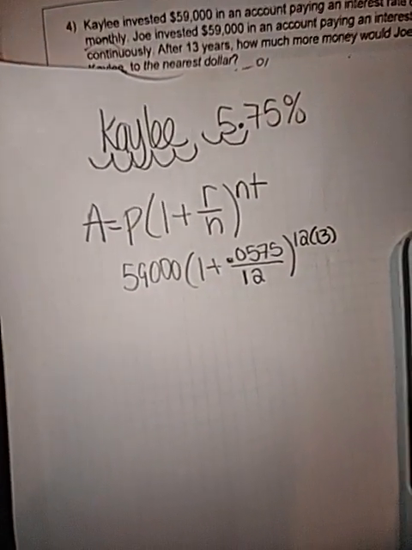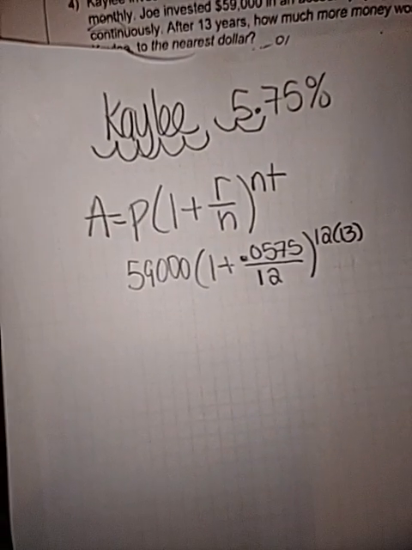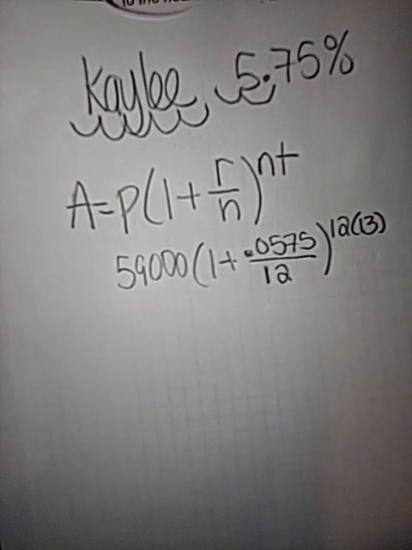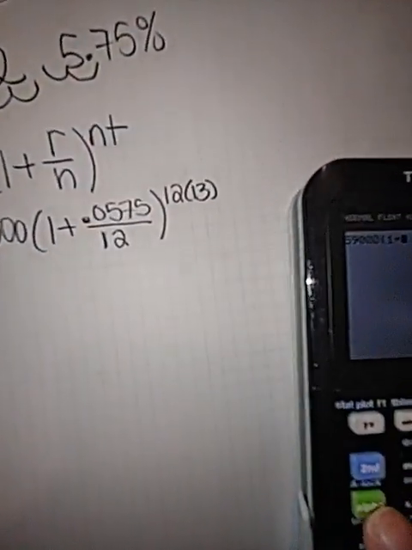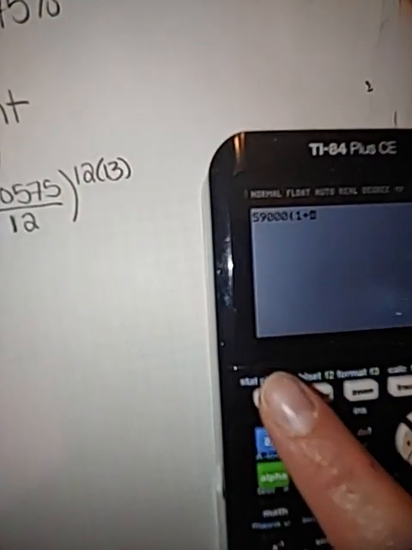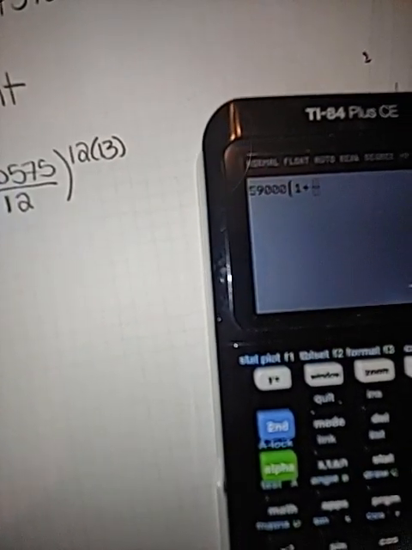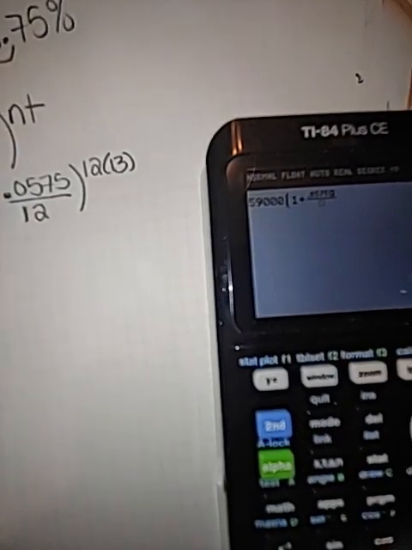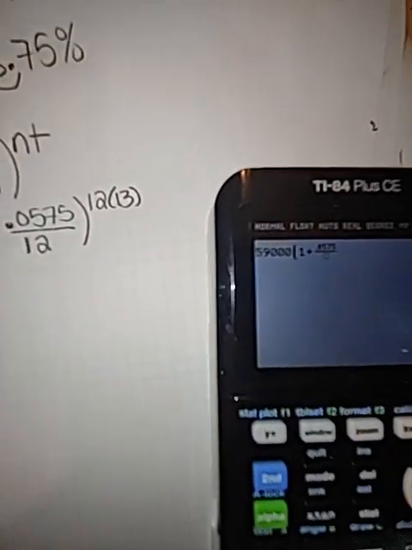All right, so we're going to type this in. We're going to find out how much she has after 13 years. So we have 59,000, parentheses, 1 plus 0.0575 over 12.